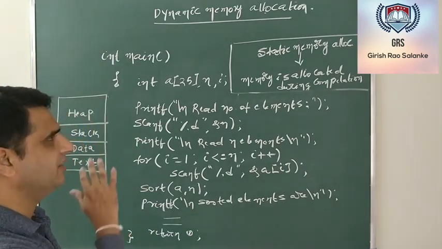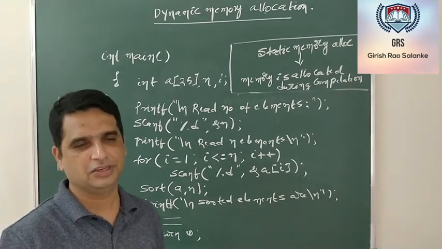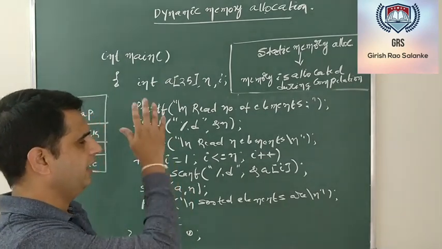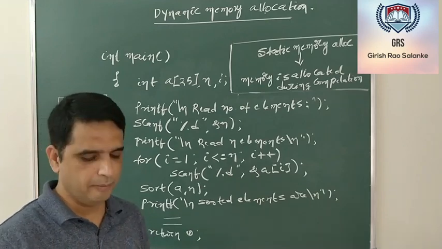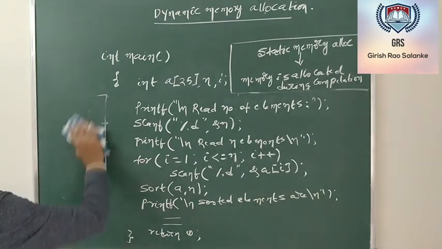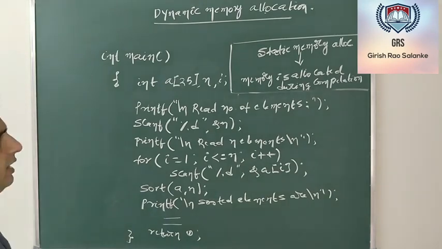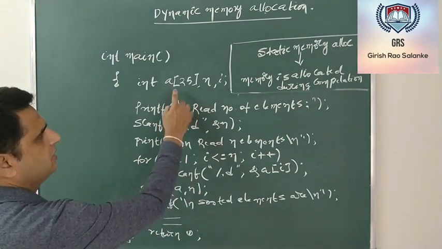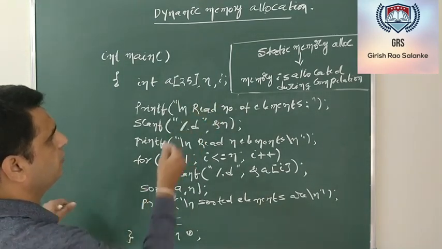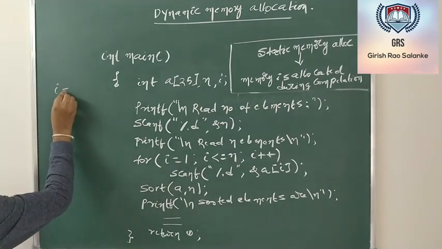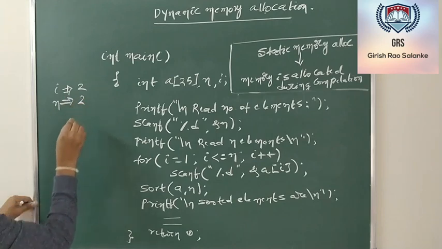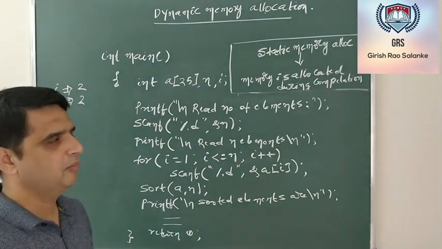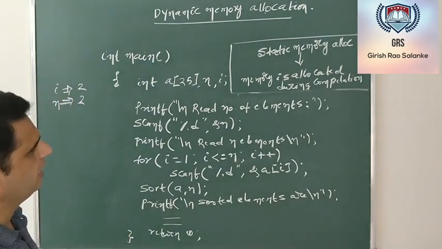Now even this is an example for static memory allocation, because when I compile this program, during the compilation time, the memory will be allocated for these 3 variables. For the variable i, 2 bytes. For the variable n, assuming that an integer takes 2 bytes of memory, it takes 2 bytes.